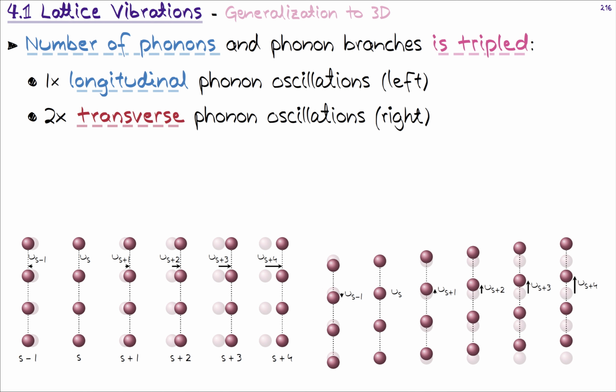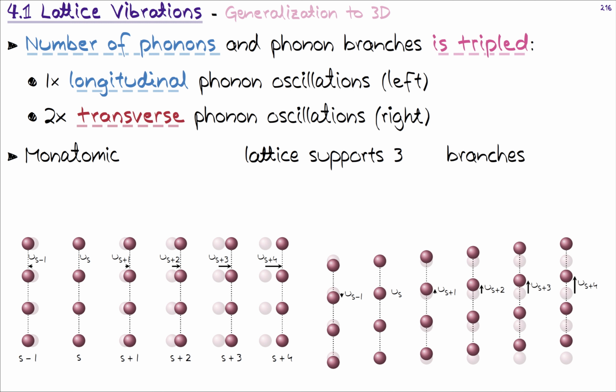or out of the plane of the slide. What this means, depending of course on the basis of the lattice, is that if we have a monoatomic lattice, then the lattice supports three phononic branches. So three acoustic branches are supported: one longitudinal and two transverse branches. Now if we have a diatomic case, so we in fact have two atoms or more in the basis of the lattice, we will start having more.